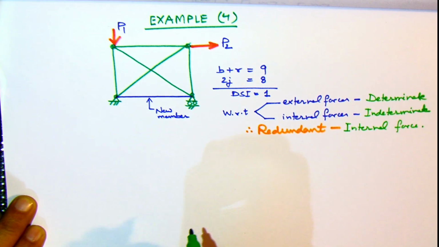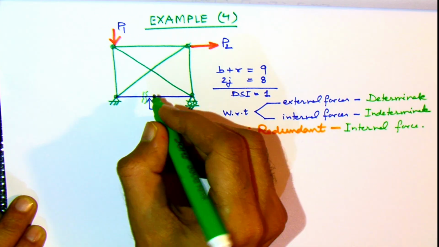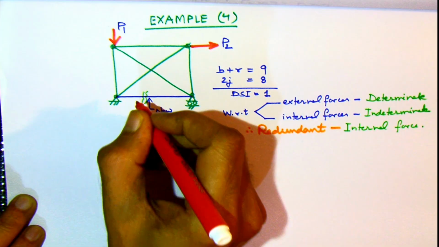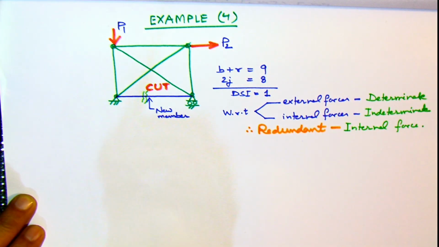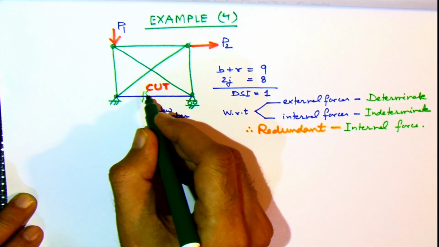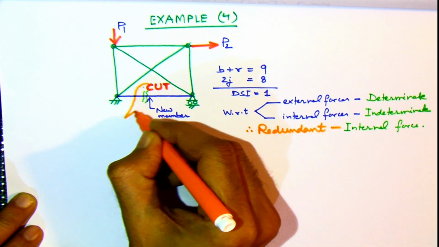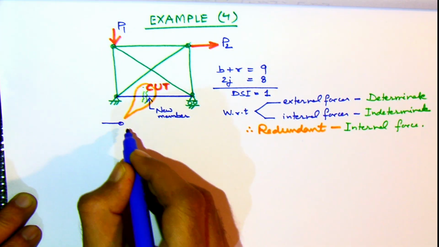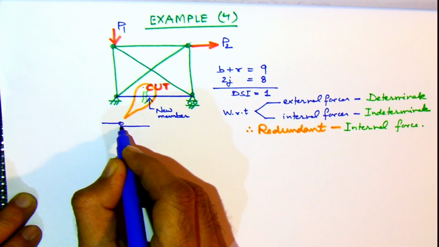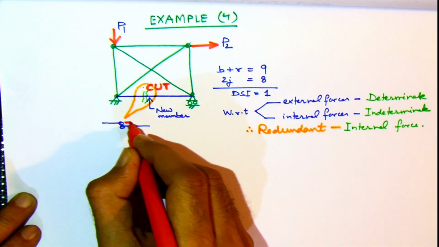So we choose the internal force in the newly added member as the redundant. We have cut this member to make the structure a primary structure, and we are showing the forces in this member. We are zooming in and showing the 2 points at the cut portion with the forces.